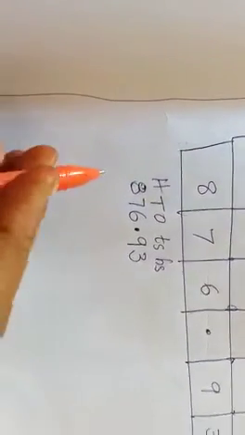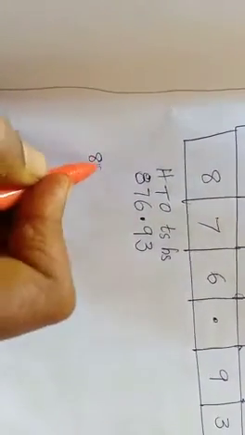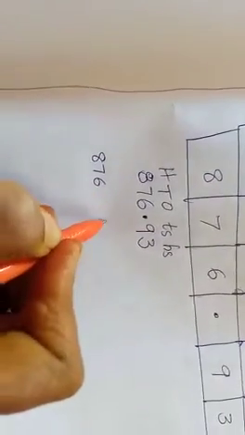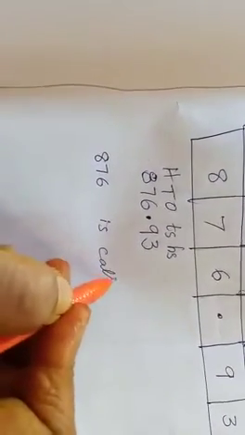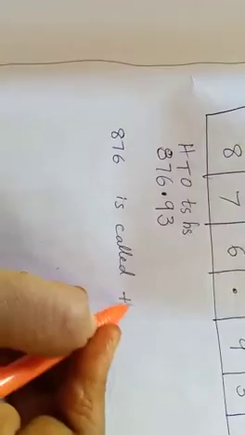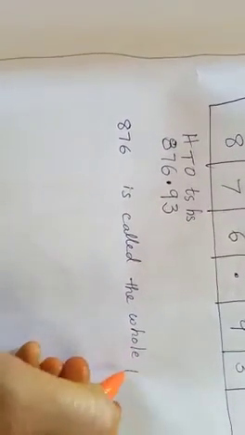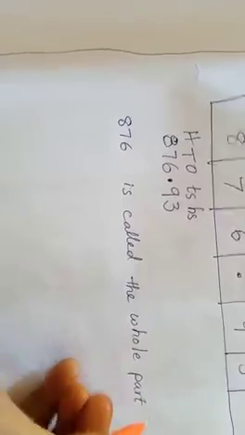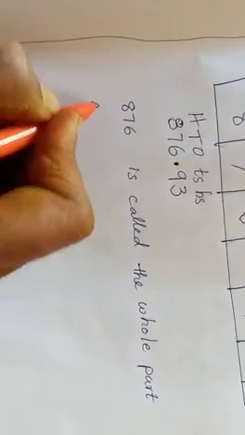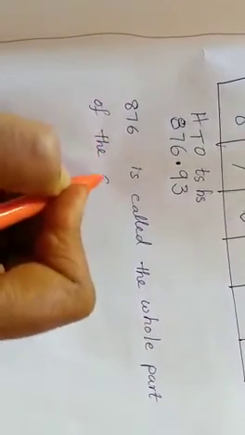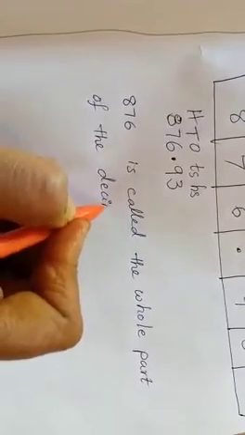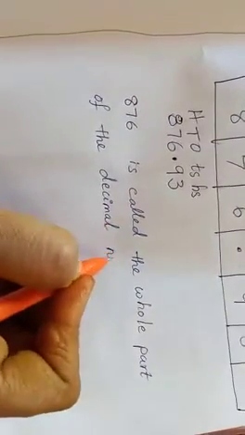Okay. So now here, 876 is called the whole part, the whole part or integral part of the decimal number.